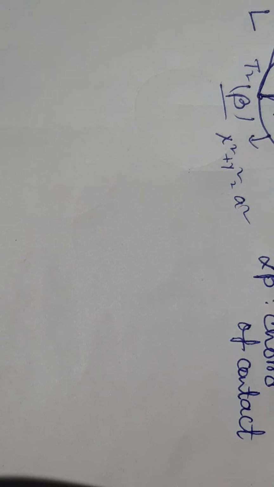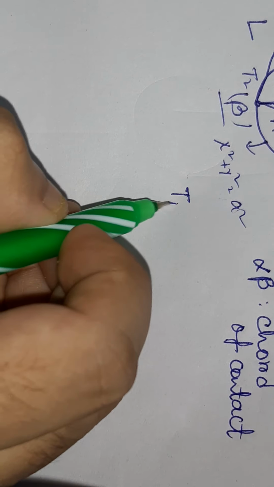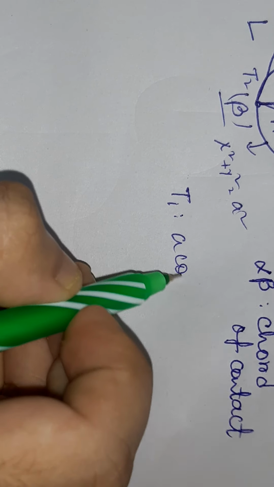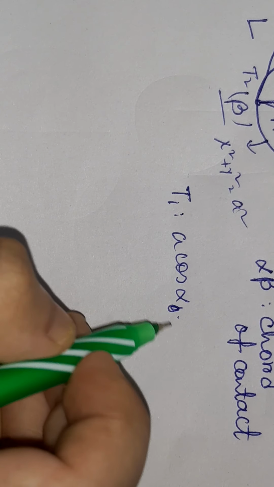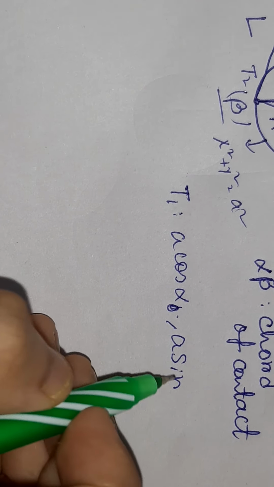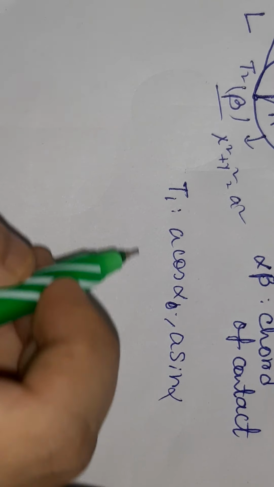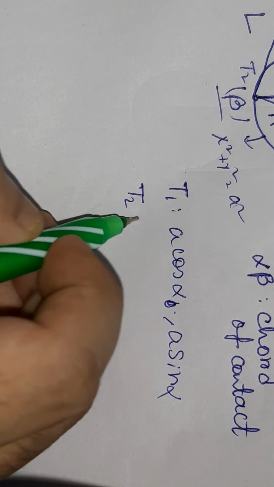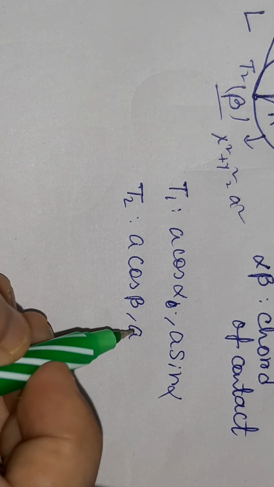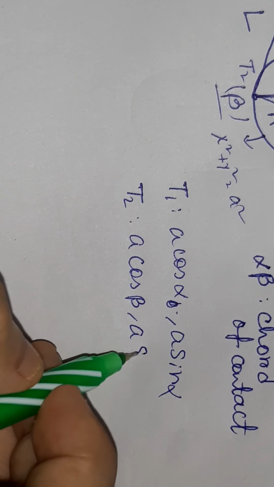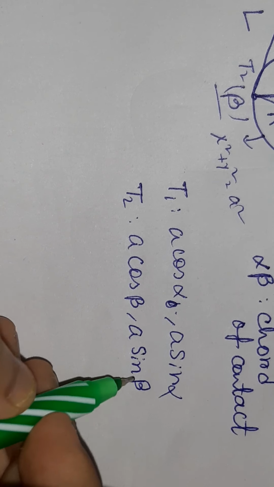Then the coordinates of T1 will be a cos alpha, a sin alpha, and the coordinates of T2 will be a cos beta, a sin beta.